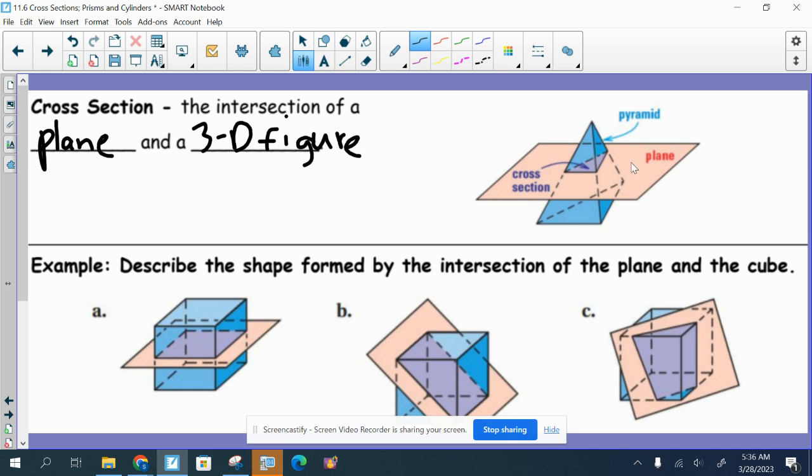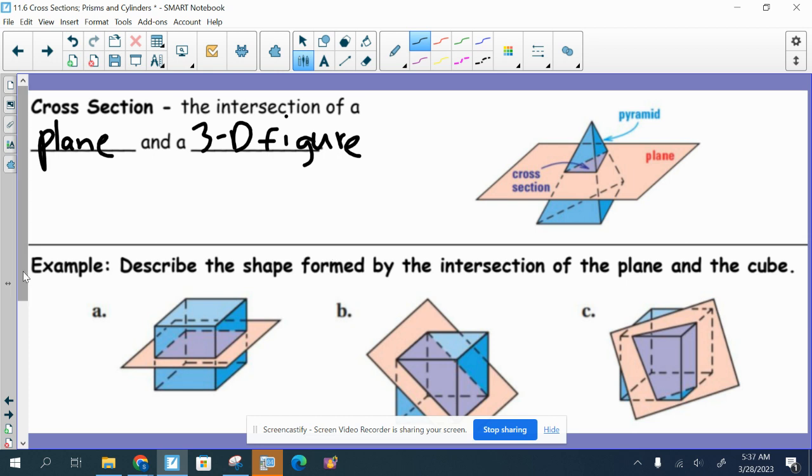So here, this is the plane and this is the pyramid. It can be any 3D object. And the cross-section is the shape that's made from their intersection. So here the cross-section is a triangle, as you can see.